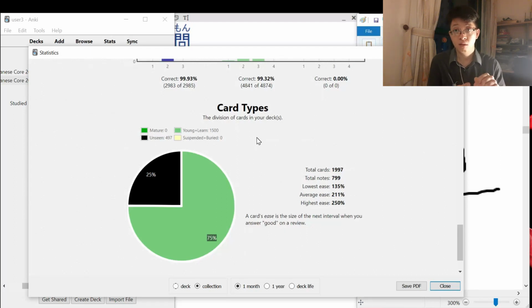This is day 11 of season 2, so there are 10 days left. So there are 500 cards left unseen. So 25% we have not seen. Okay, 25% are new cards. And yeah, that's it.